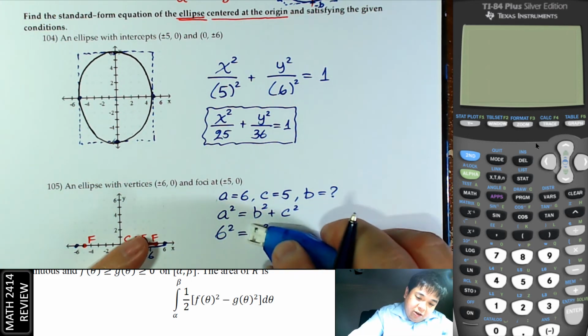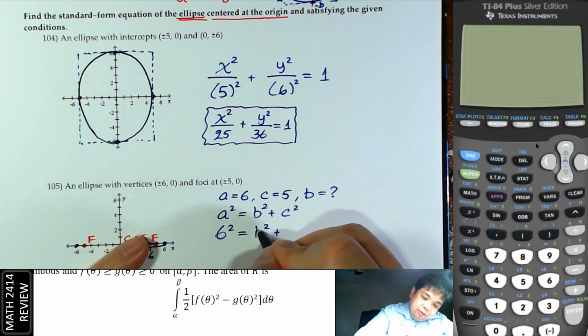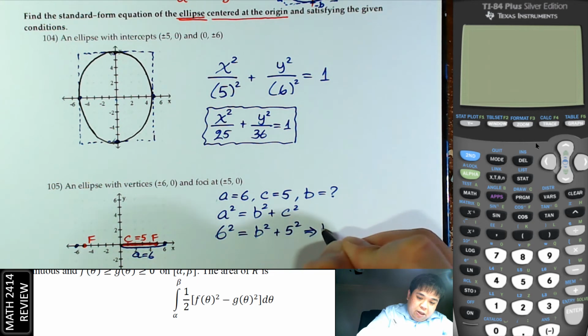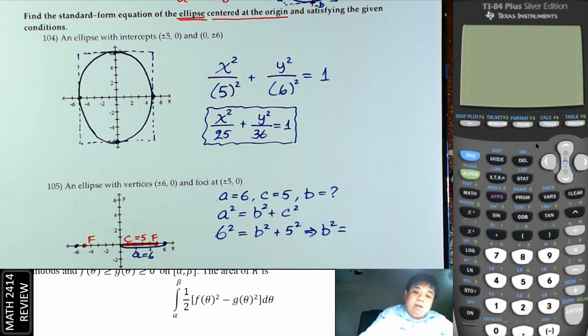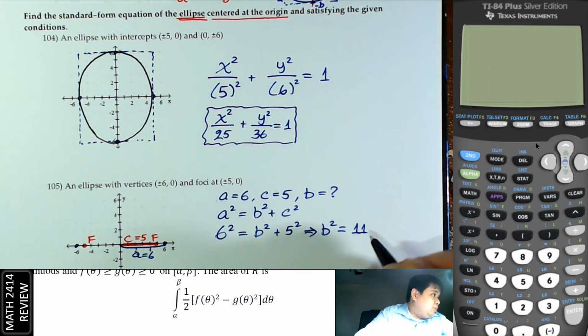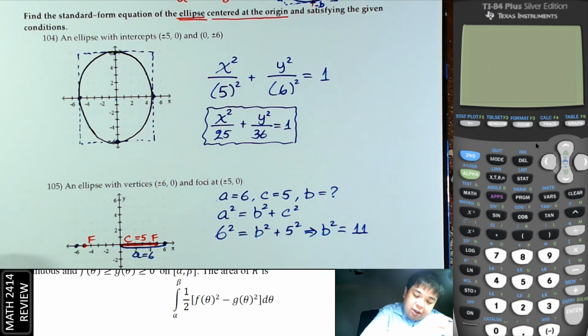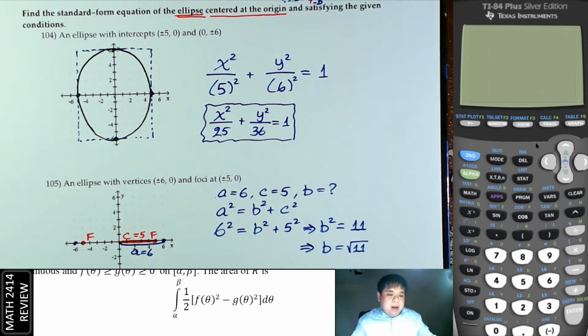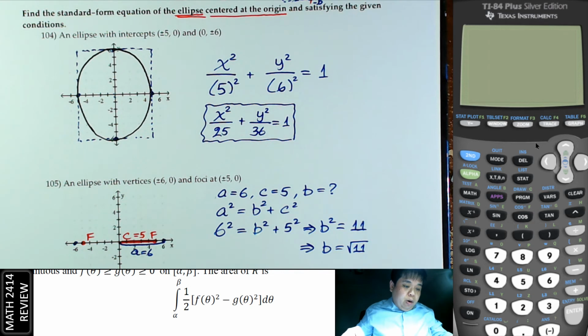We don't know b, right? But we do know c is 5. So b square is equal to 36 minus 25. That is 11. So b is square root of 11, plus or minus, doesn't matter. So that means we go up and down plus or minus square root of 11, which is about 3.3 something.